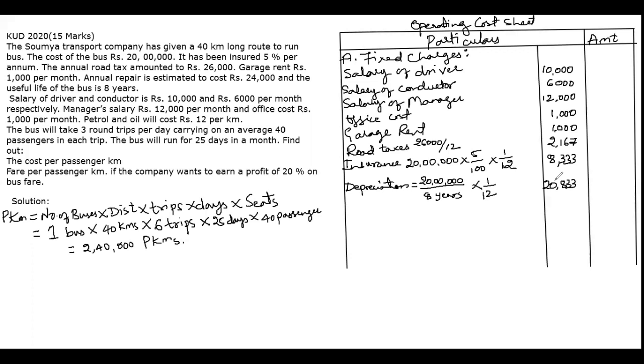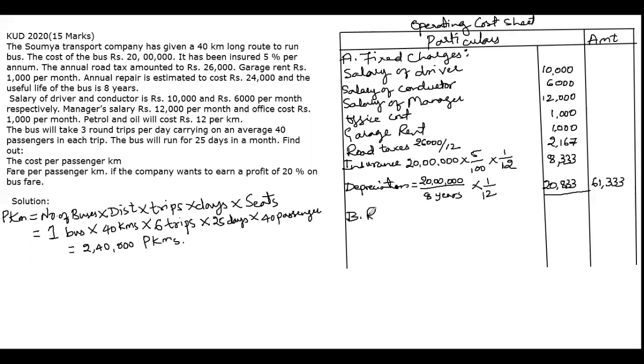So it comes to 61,333. So let's write here the total of this is 61,333. And now we have second heading, that is running charges.